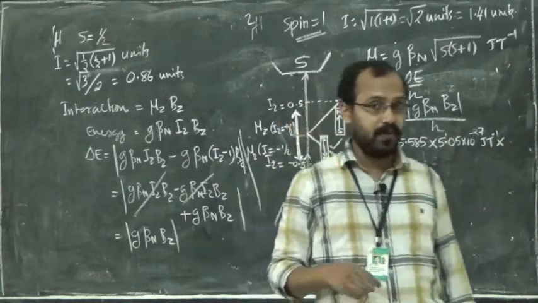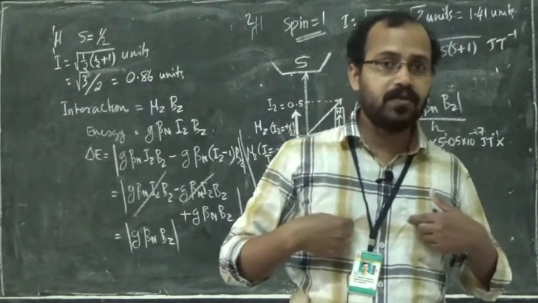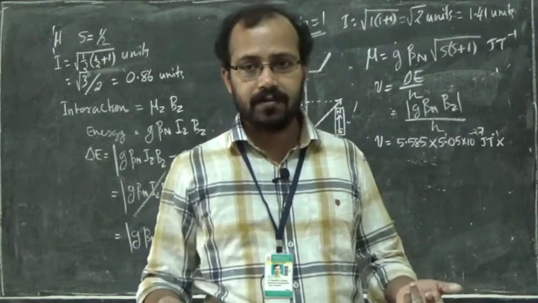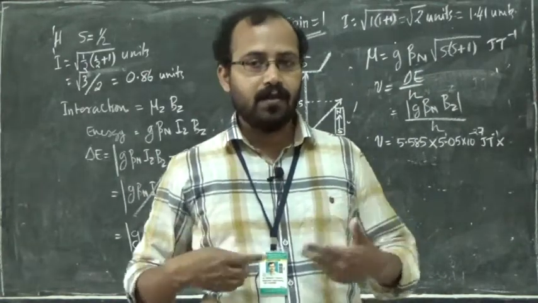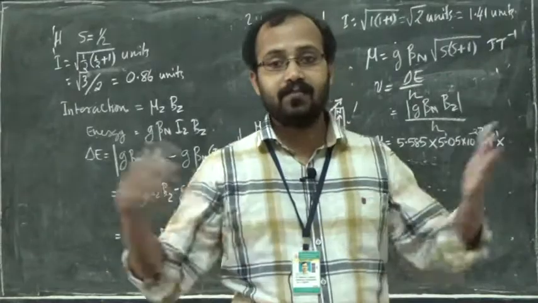Bz is the applied field. I decide which applied field I am giving. That depends upon my facility, in which lab I am working, and what field is available there.